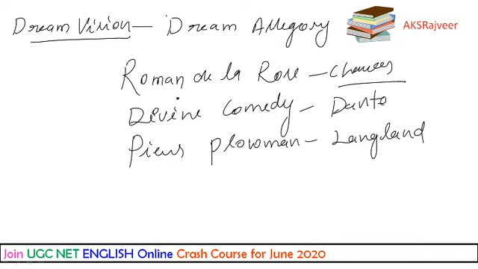And you can also see Pilgrim's Progress, and John Keats has written The Fall of Hyperion.